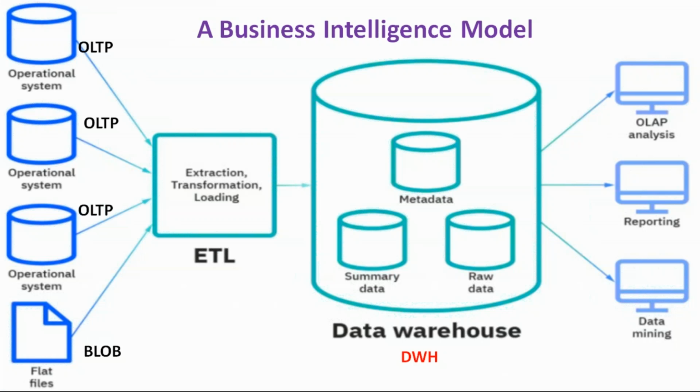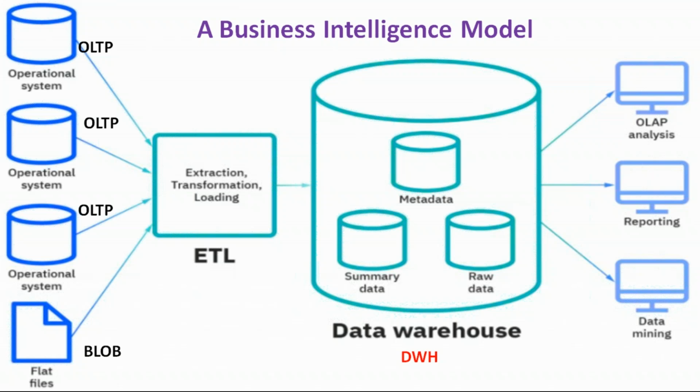This is the technical workflow of our classes from the very first session, next class from tomorrow. We'll start with OLTP, that is the database source, on the left side you see here. And down you see flat files as well, right? Non-database source.